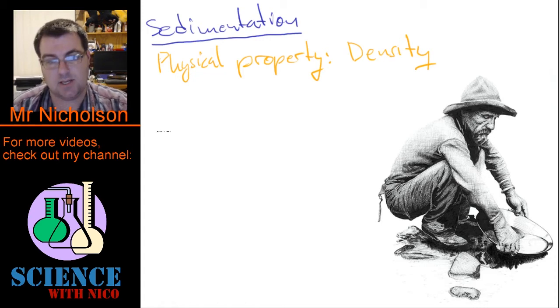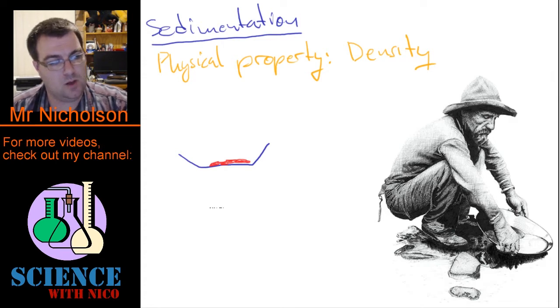What happens is that you have a tray, and in that tray you have your particle mixture, and with a little bit of water just to help it flow, you gently agitate that tray, and dense particles will be retained at the bottom of the tray. Often these trays will have little ridges just to help catch them at the bottom of the tray.